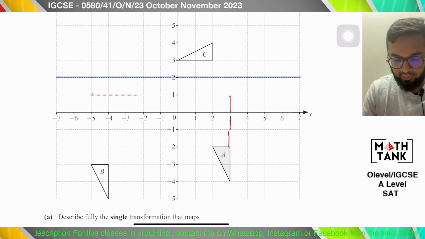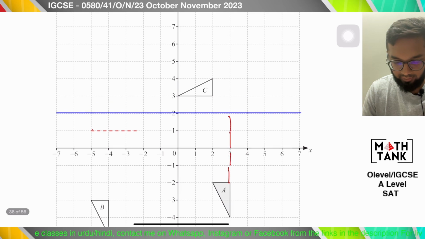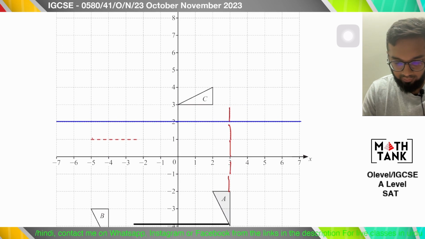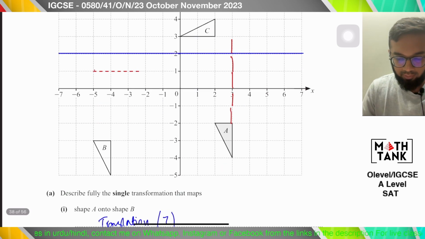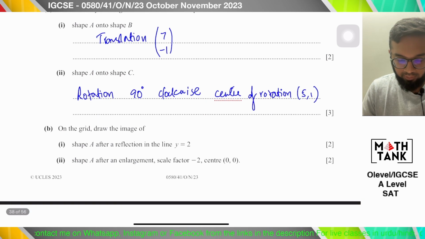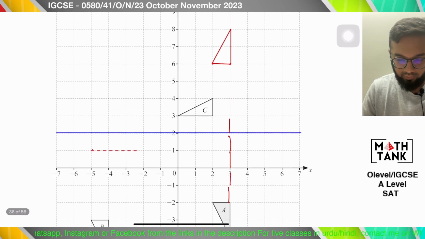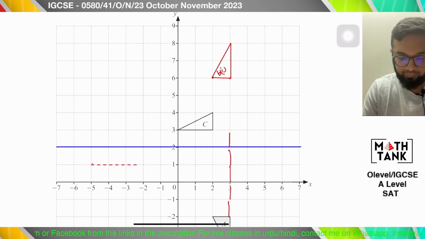You see the distance here and you draw the same distance on the other side. So 1, 2, 3, 4. This point gets reflected here, the corresponding point here, and then 6. This should be the reflection of shape A. Okay, so I'm going to label that B1.